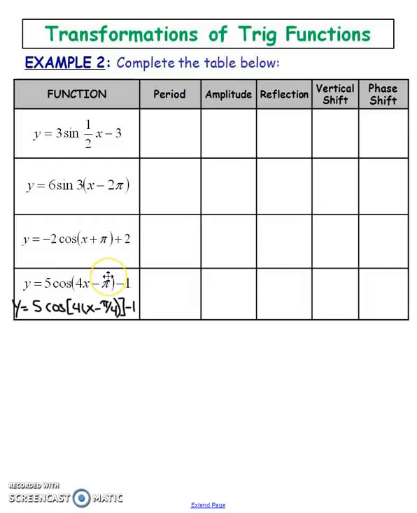So the negative pi becomes negative pi over 4 because I've divided it by 4. And now this is the form that I want each of these guys to look like because I can easily see what your a value is, your k, your d, and your c, and then I'll be able to answer any of these questions.